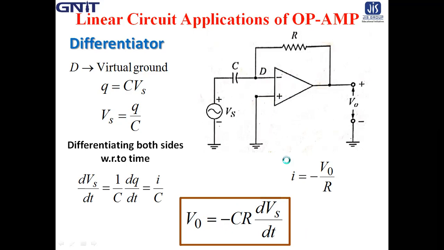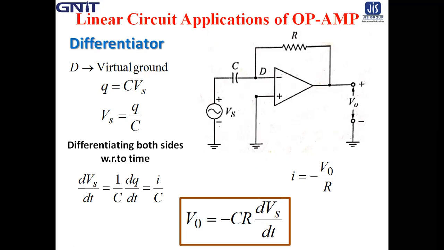So this expression indicates that the output voltage V0 is equal to RC times the negative instantaneous rate of change of the input voltage Vs with time.